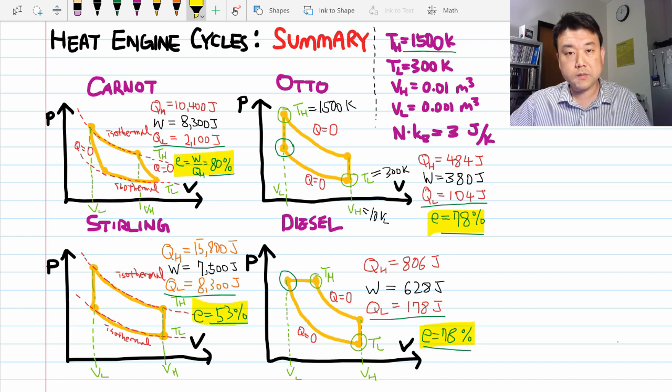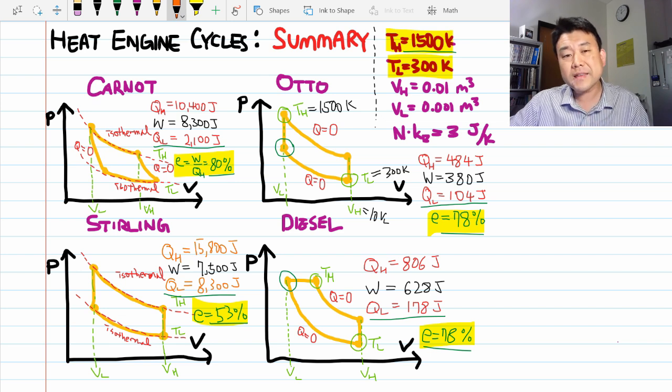We'll talk about this more in chapter 4, but Carnot cycle is the ideal heat engine cycle in the sense that given any two extreme operating temperatures, it's the Carnot cycle that's going to give you the highest possible efficiency.